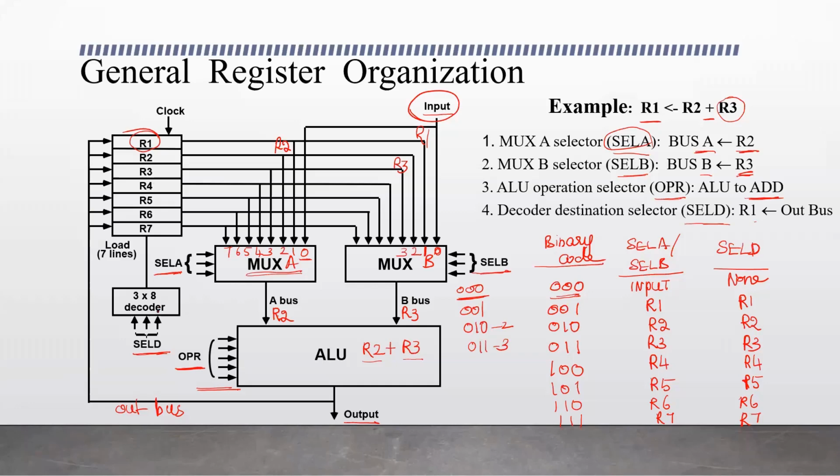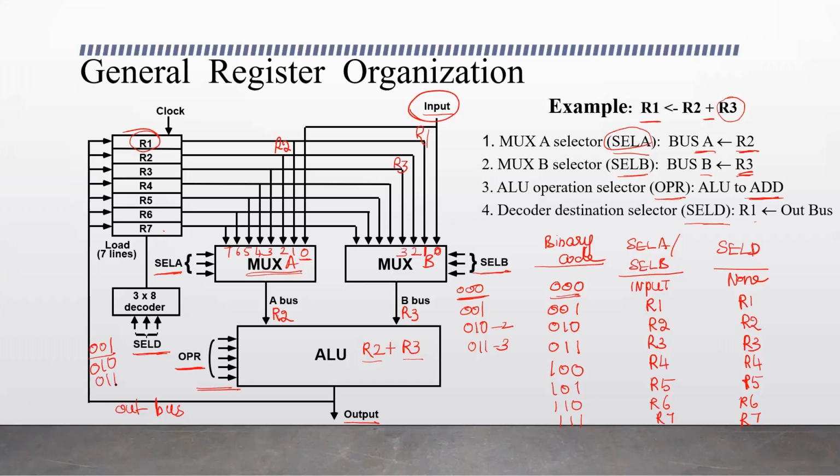And on the output side, the decoder selects one of these registers. There are only 7 registers, so it starts from 001. When it is 001, R1 gets selected as the destination register. When it is 010, it selects register R2, 011, R3, and so on.